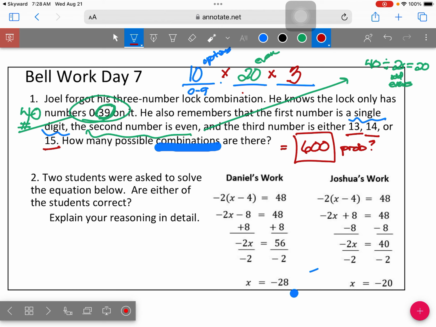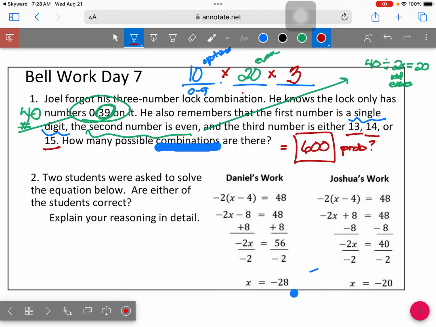Now, Joshua, maybe he made a mistake down below, so let's check. So we have +8 equals 48, -8, -8. That's good. -2x equals 40 divided by -2. X equals 20. Is that correct? Yes. So explain your reasoning in detail.